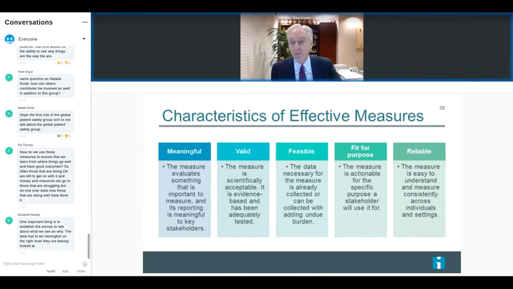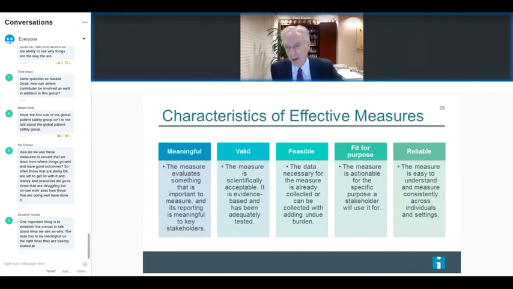It needs to be fit for purpose, meaning it has to be actionable and designed to add value for the specific purpose or the stakeholder that needs the data and wants the data in order to affect the kind of action that's necessary to keep our patients even safer.